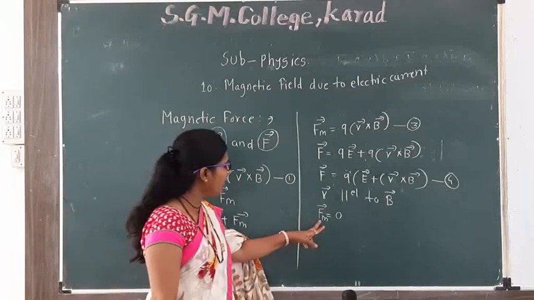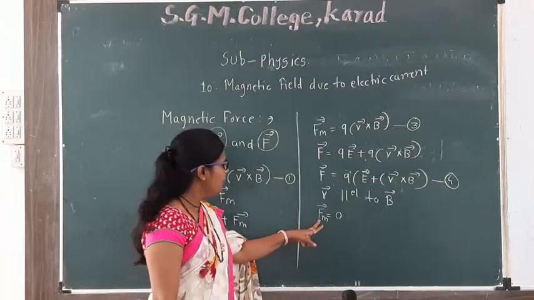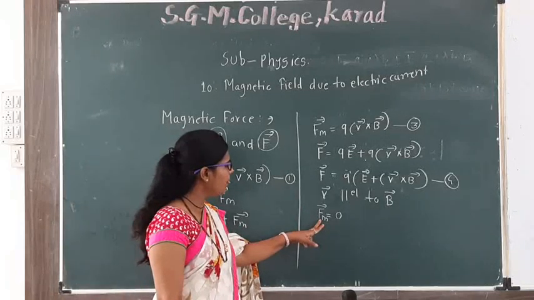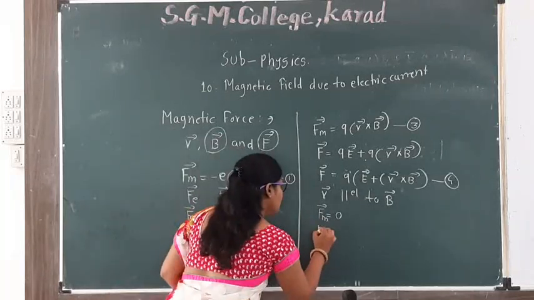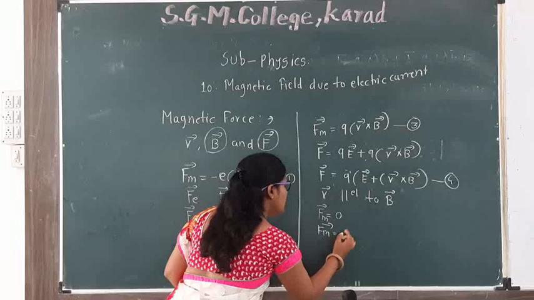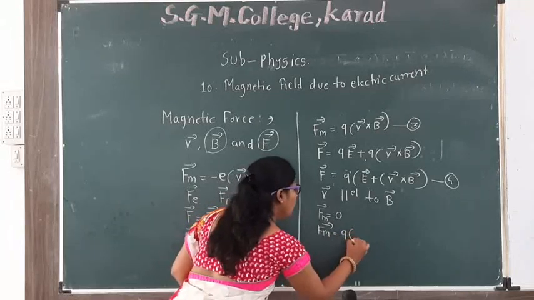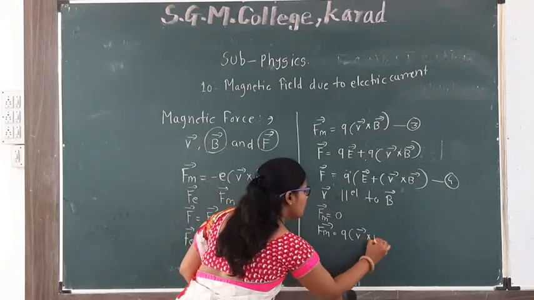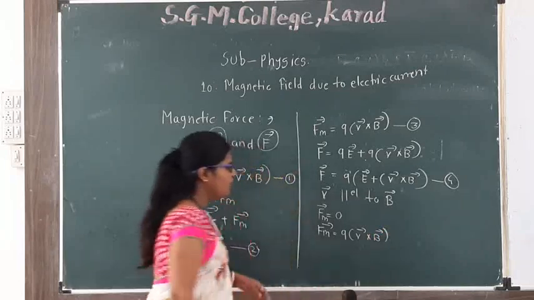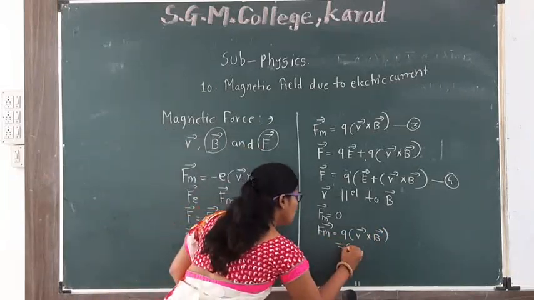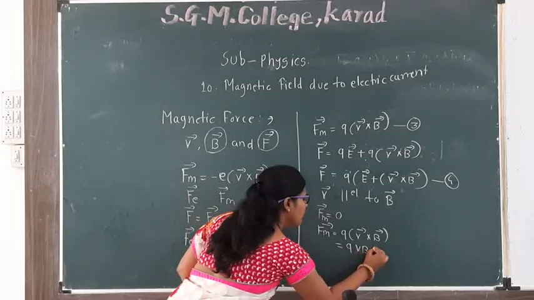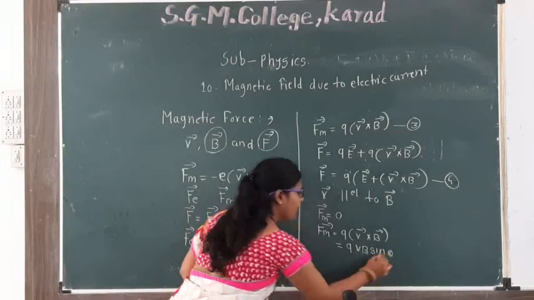Now see, the magnetic force due to the magnetic field, Fm, is equal to Q V cross B. For the cross product of two vectors, that equation becomes Q V B sin theta.